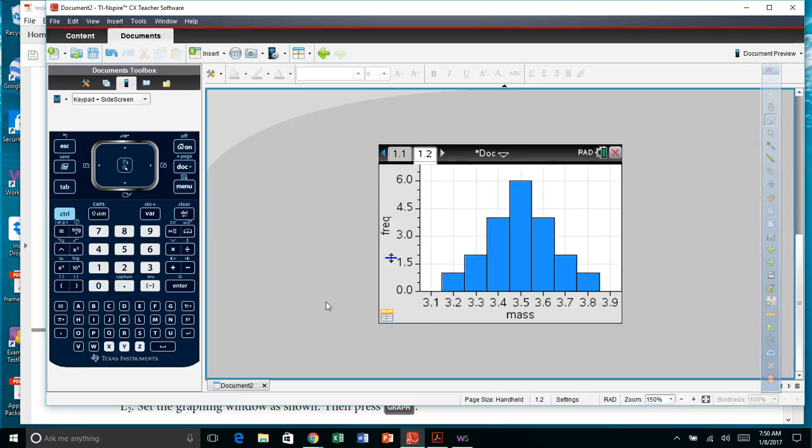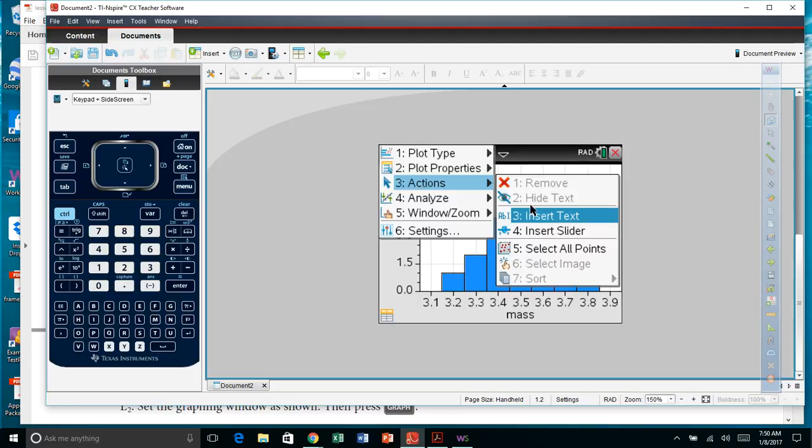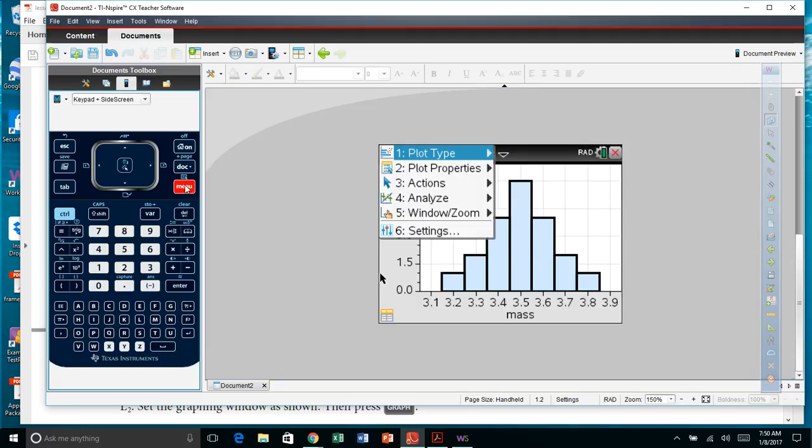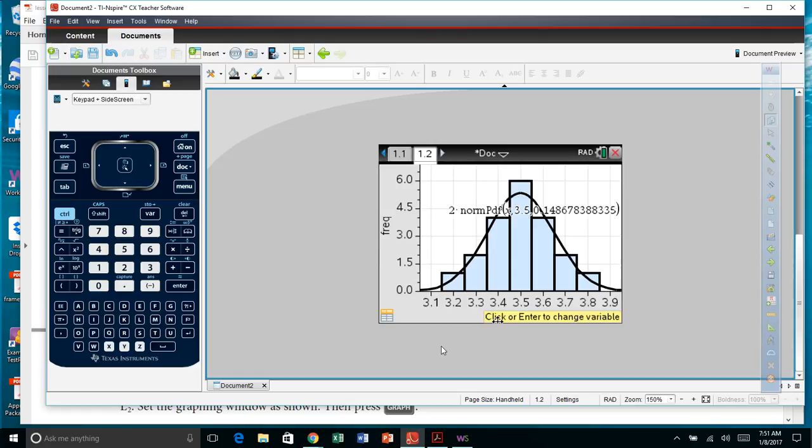Okay. All right. Now menu, actions, select all points, menu 4, 9, and there it was. So it will do it with the frequency, but it won't do it with the relative frequency.